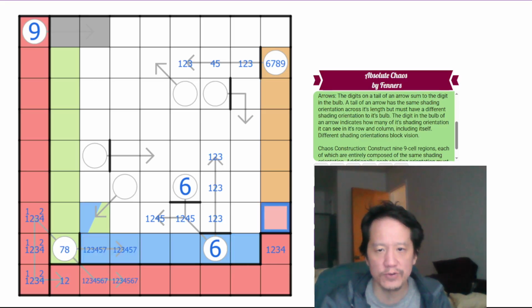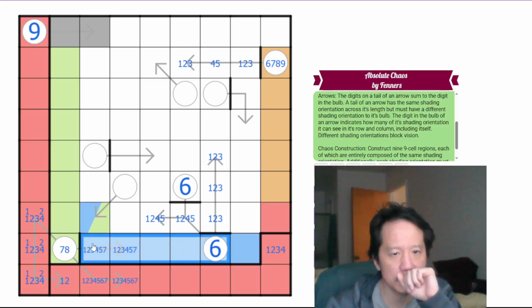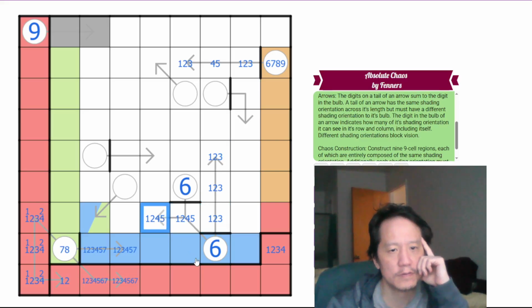This is a separate region, and it could be part of this orange. This could be red. Well, this can't be the same region here, but they could be the same shading. This C6. That's interesting.